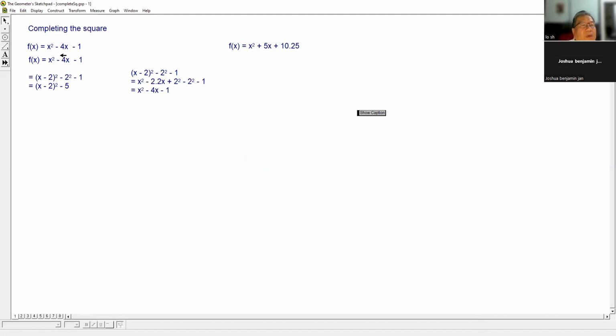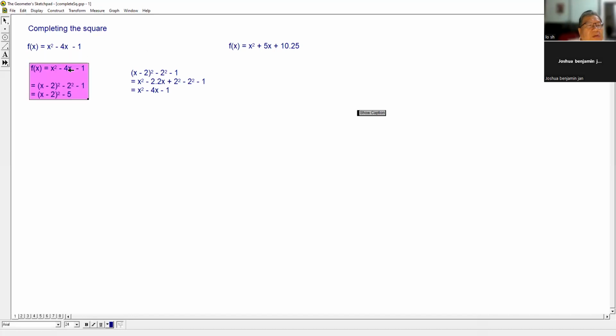Okay. We look at the simple quadratic function in the general form, ax squared plus bx plus c. The value of a here is 1. The value of b is negative 4. And the value of c is negative 1. Right?